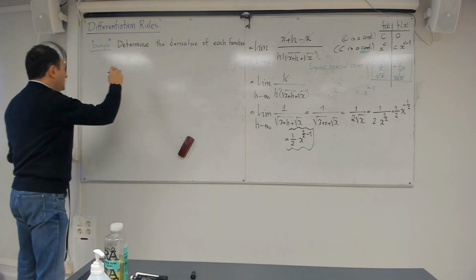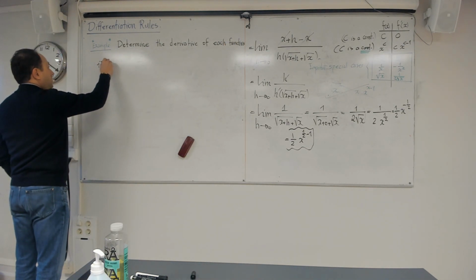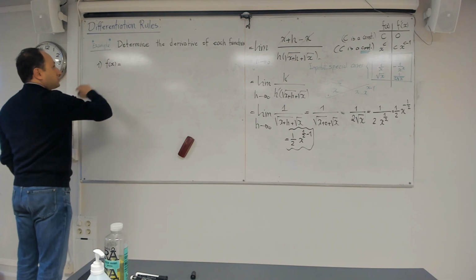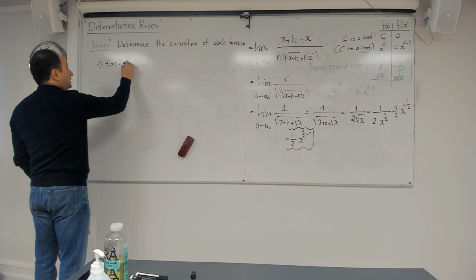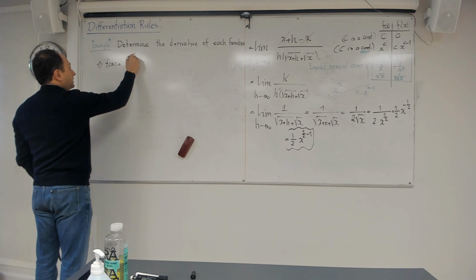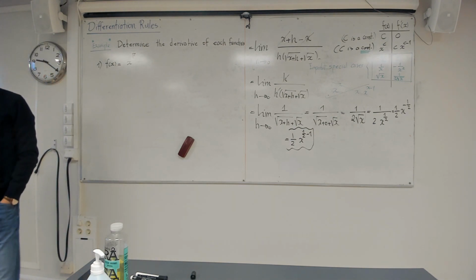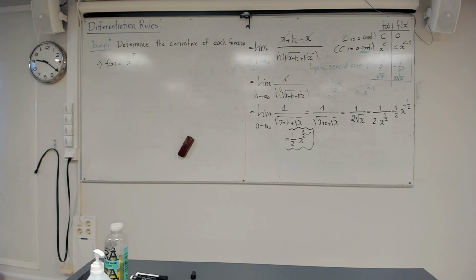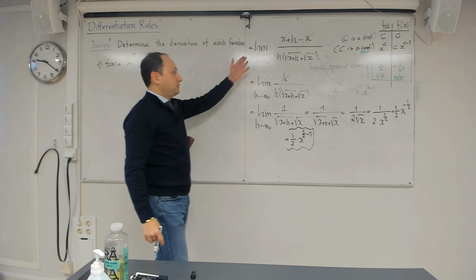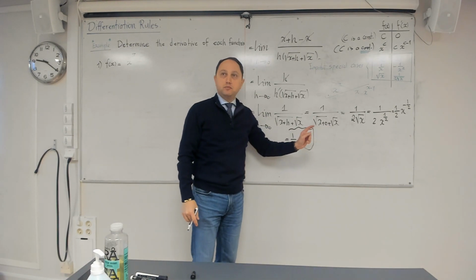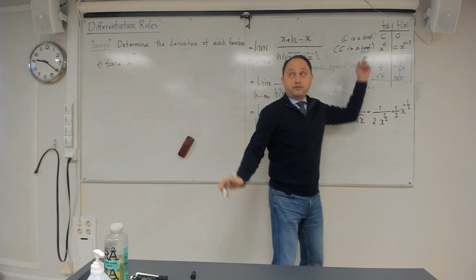Okay, so let me start with a very, very simple one. I will give you f of x equals x to the power of 7. I want to take the derivative of this function. I don't need to go through that very tedious process of calculating limits anymore, because this is a famous function.